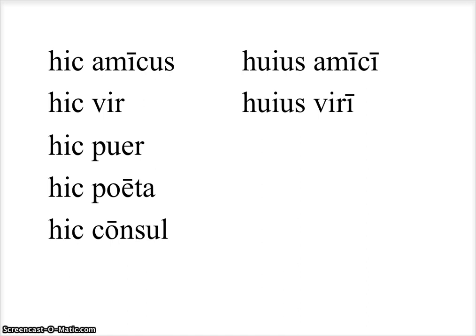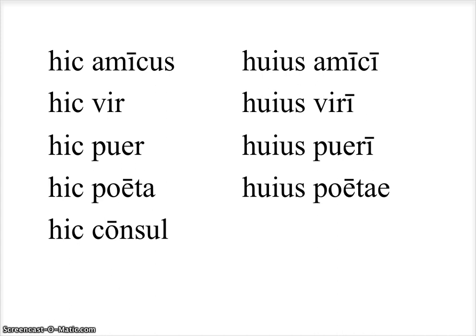Of this boy, huius pueri. Now we have hic poeta, this poet. Of this poet, huius poetae. Remember, that's a first declension masculine. And hic consul, third declension now. Of this consul, huius consulis.